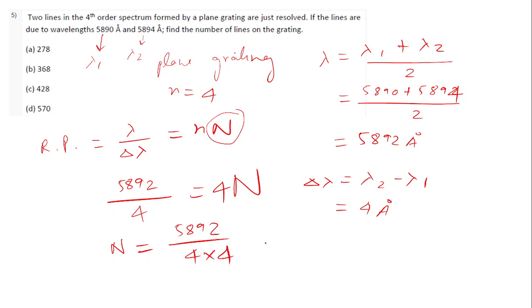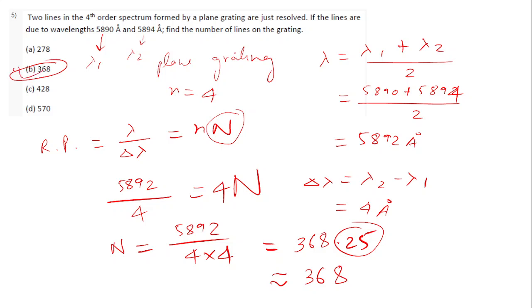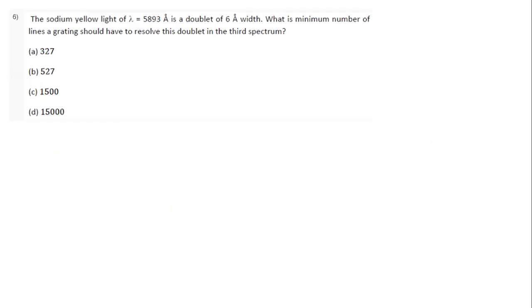When we do the maths here, we will get 5892 divided by 16, which is 368.25. So we cannot have 1/4 of a line, so we can round it off to 368 lines. So the total number of lines on the grating is 368. B option is correct.